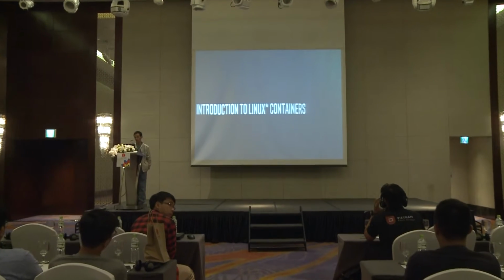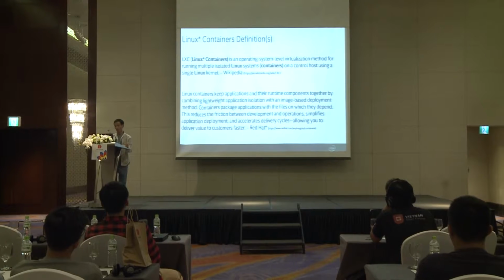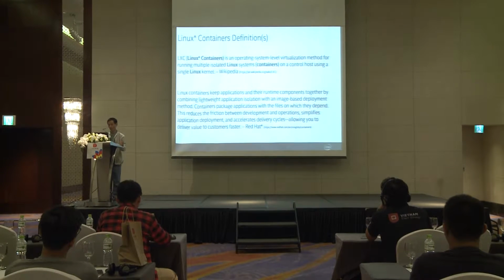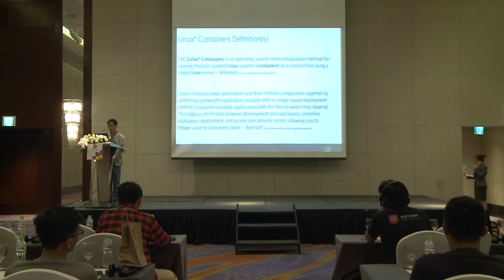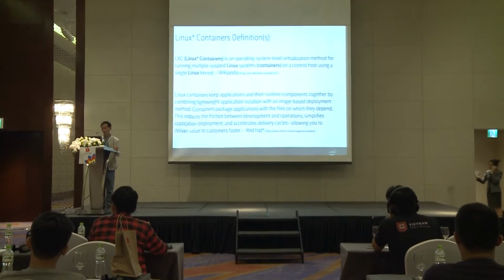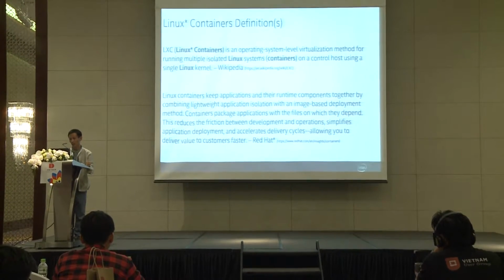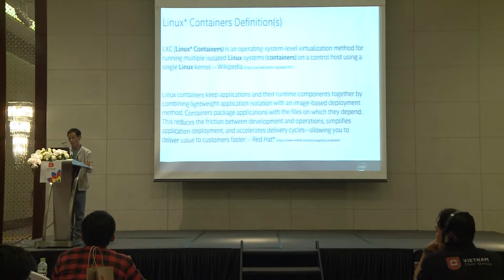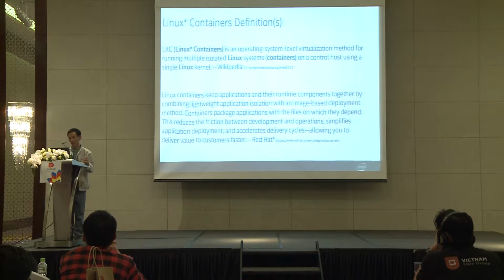So, Linux containers. To have a better understanding of how Kata Containers, the security container, works, let's take a look at the traditional Linux container. A Linux container is actually operating-system-level virtualization, which virtualizes multiple isolated Linux systems on a single Linux kernel.